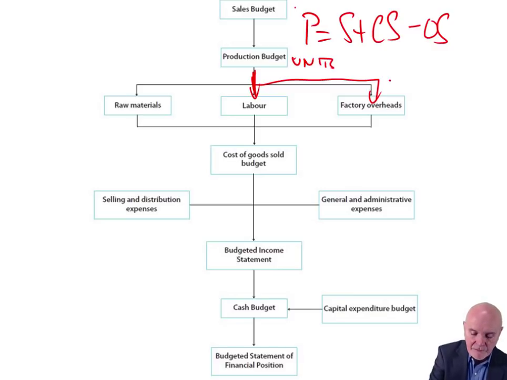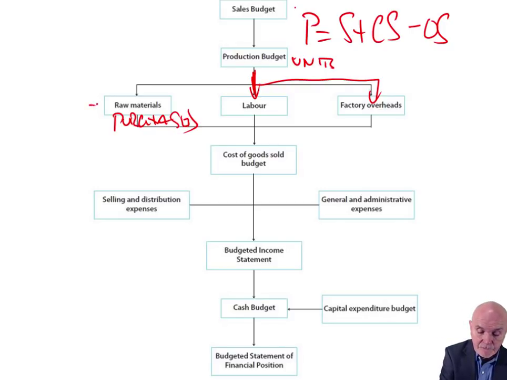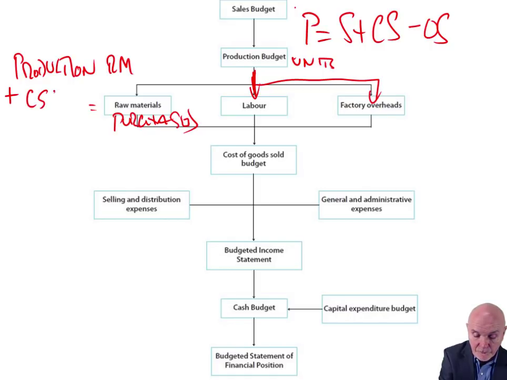So if we want here raw materials purchased, then we need to purchase enough raw materials to account for the raw materials needed in production, plus we need in there the raw materials in the closing inventory, the closing stock of raw materials.